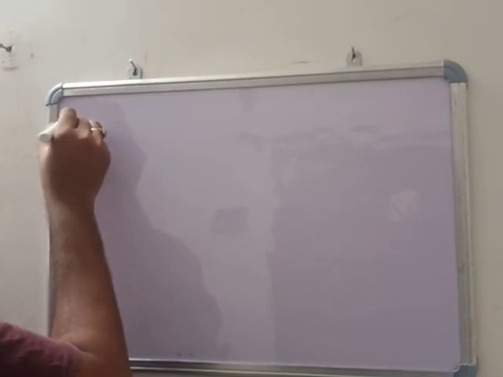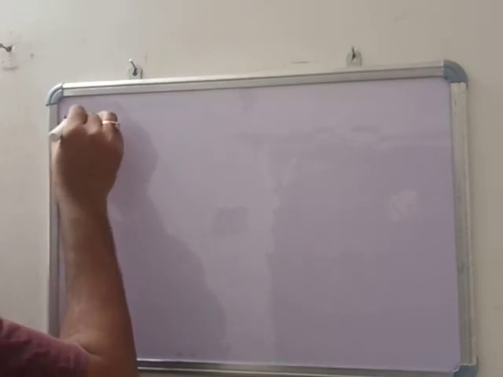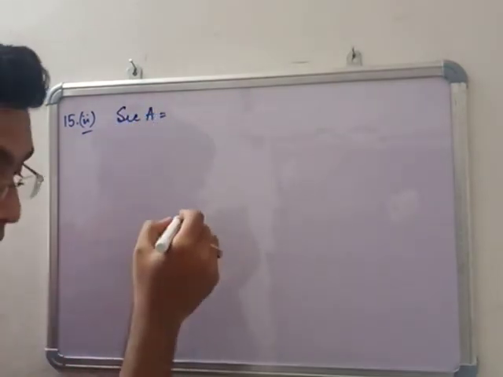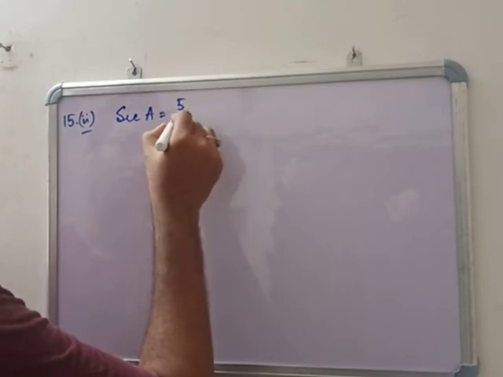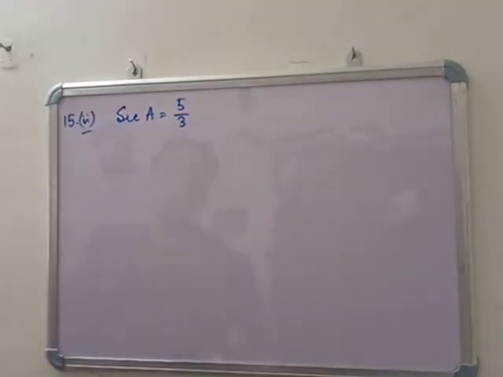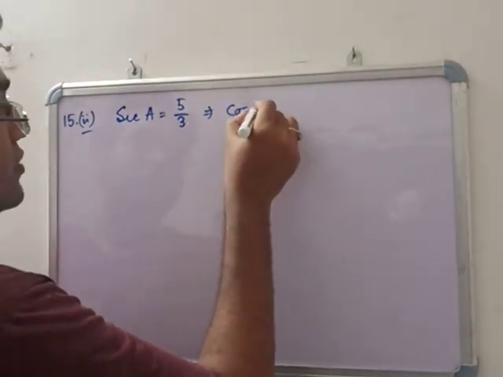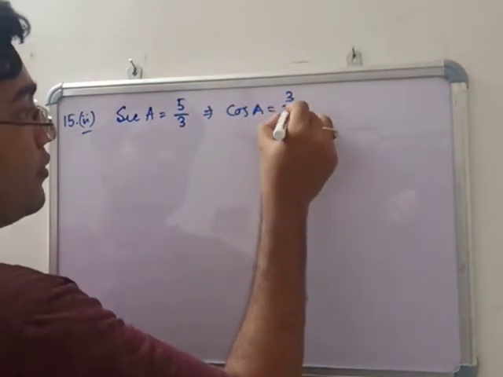Now in number 15(2), see that sec A is given, sec A equals 5 by 3. So that means cos A equals 1 by sec A. That implies cos A equals 3 by 5.